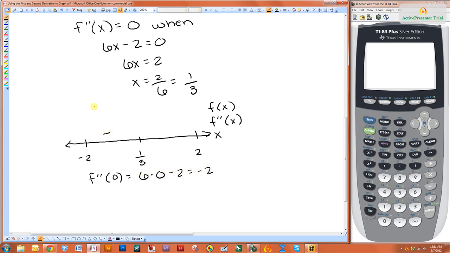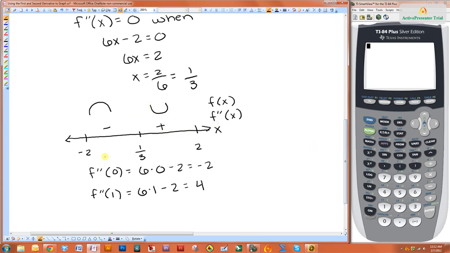Well, that's negative, so that means the function is concave down. Let's try 1 in this interval. So that's 6 times 1 minus 2, so it's 4. It's positive, so the second derivative is positive in this interval, which means the original function is concave up.